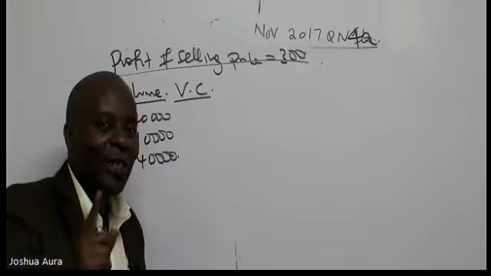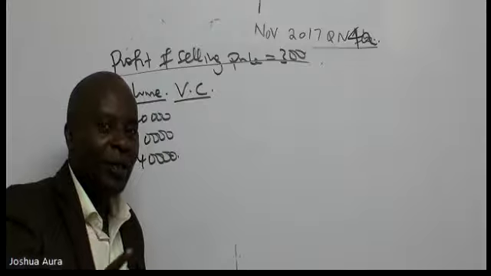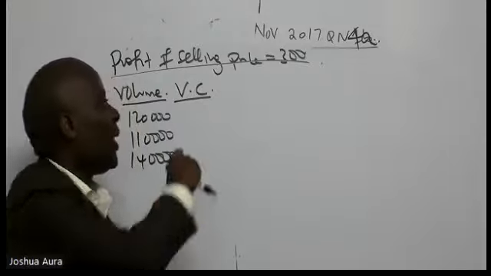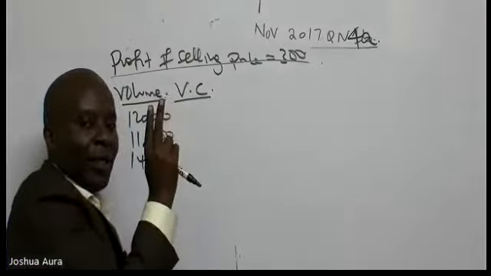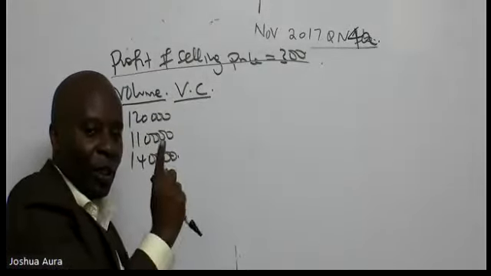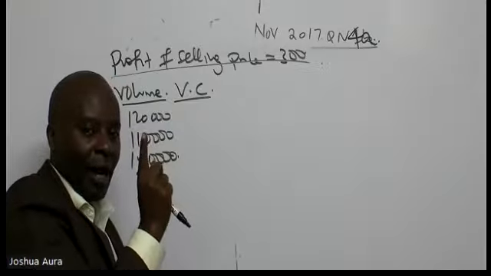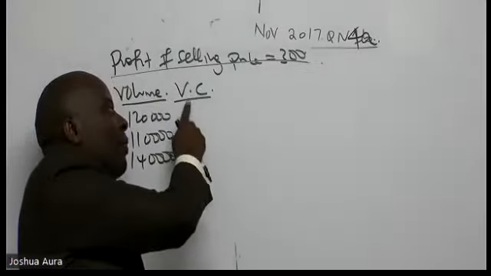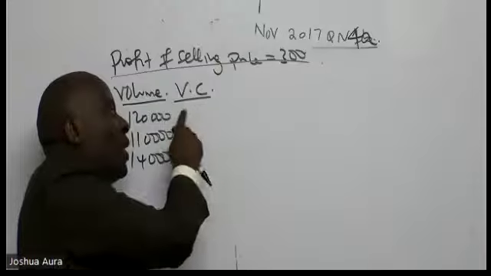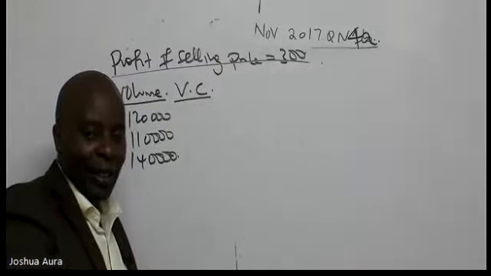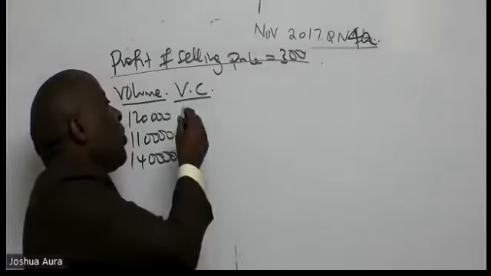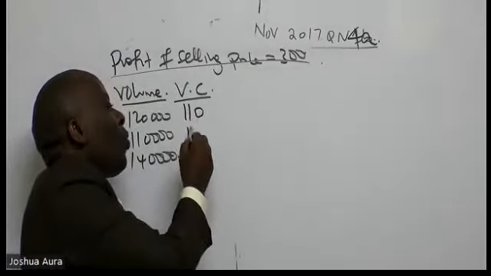So I would want to see whether I've got a bright student here who will be able to interpret and give me the variable cost for this one here. Remember, there are 2 possibilities. The variable cost could either be 120 or 110. So which one should I use here? Should I use 120 here or 110? Throughout, we shall use 110.